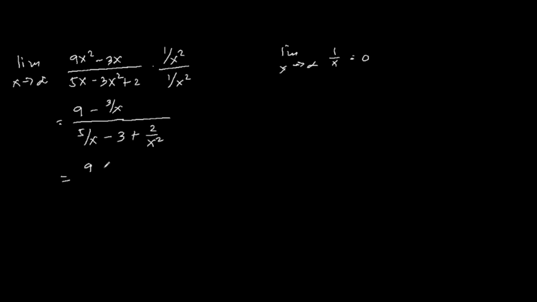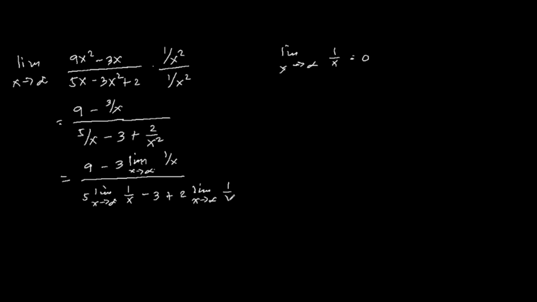So 9, the constant, minus, extract the 3, then we put the limit as x approaches infinity of 1 over x. And then we divide. Extract 5 and the limit as x approaches infinity of 1 over x, minus 3, the constant, plus extract the 2 and the limit as x approaches infinity of 1 over x squared.